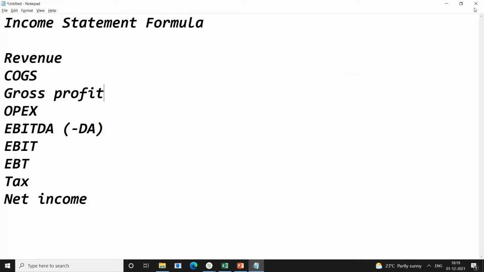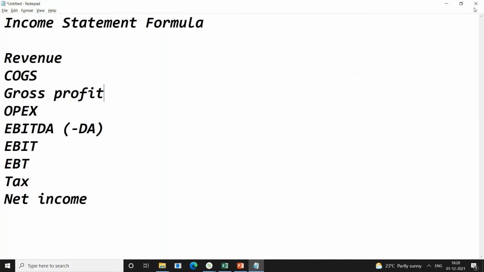So these are the things you need to do: income statement, revenue, COGS, gross profit, operating expenditures, OPEX, EBITDA, earnings before interest, tax, depreciation and amortization, EBIT, earnings before interest and tax, EBT, earnings before tax, then tax, net income.